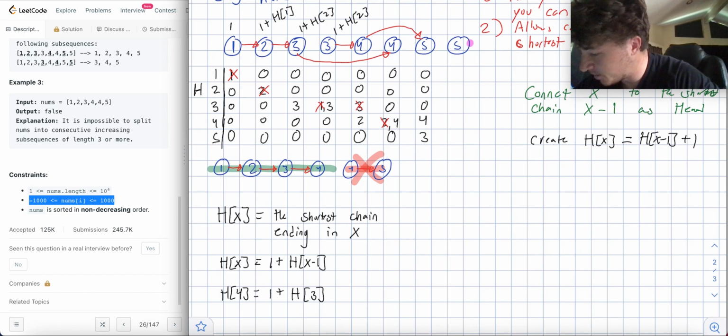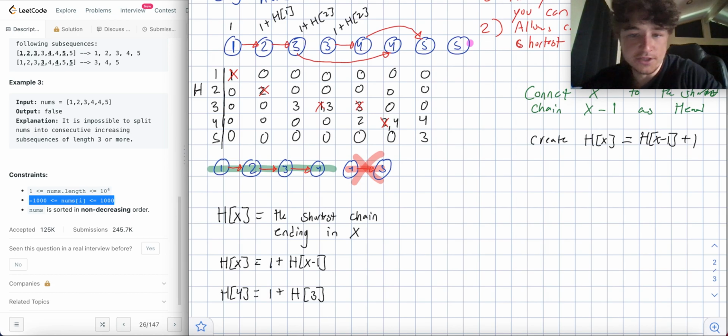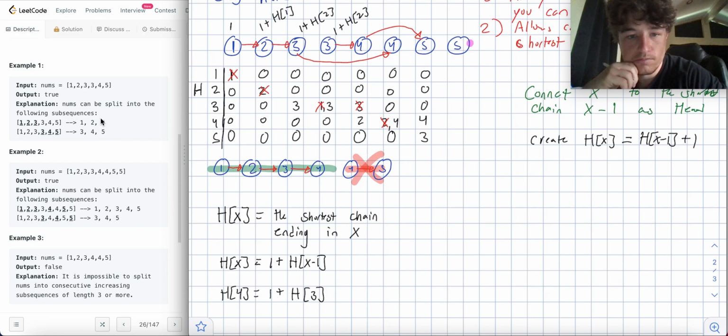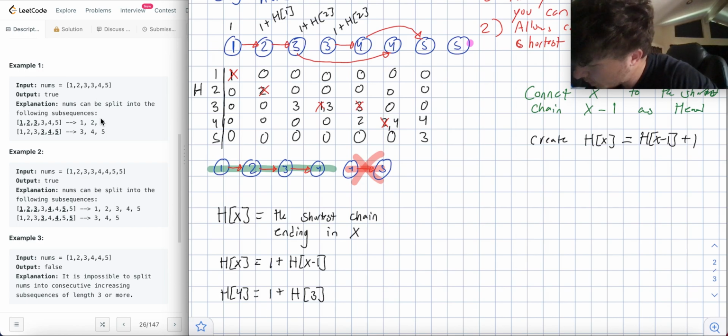And I definitely messed something up here. Was there not 2 5s? Oh, there's 2 5s. Okay, well, that's fine. Because what I'll do instead is connect myself to, sorry, I got distracted there.